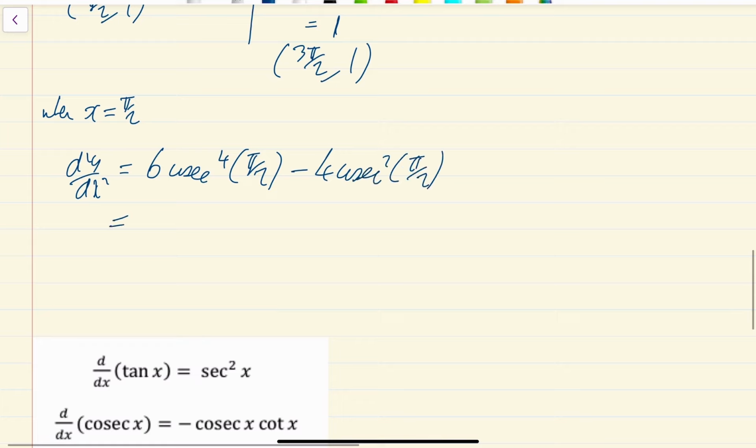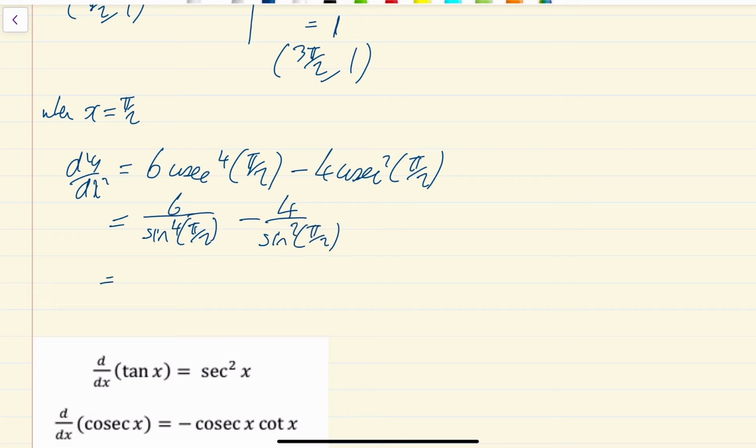So fire that into your calculator. Again, that's not nice to do. So that's going to be 6 over sine to the power of 4 of pi over 2 minus 4 over sine squared of pi over 2. So do this nicely on your calculator so that you can use this, because you're going to have to do this for the other turning point, remember.